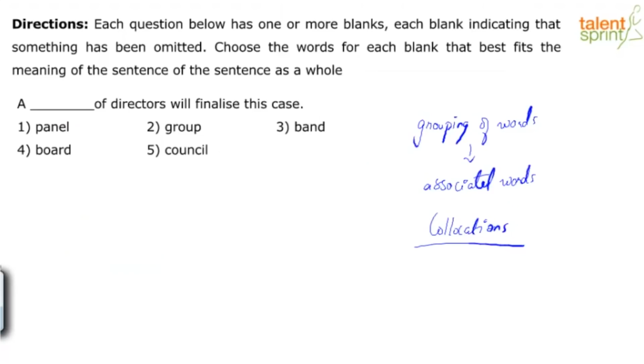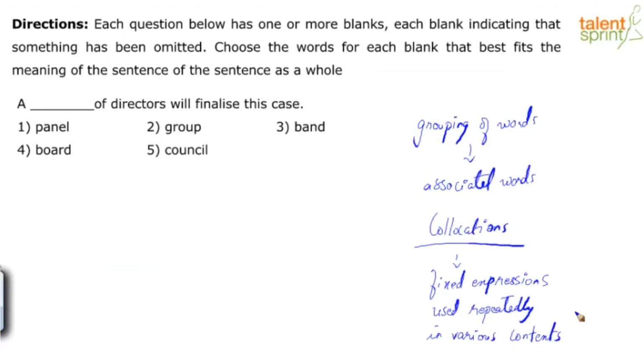So when I say collocations, I'm saying these are fixed expressions used by people repeatedly in various contexts, right? You definitely will be aware of a lot of collocations, things like regular exercise, healthy diet, matter of choice. These are all collocations.